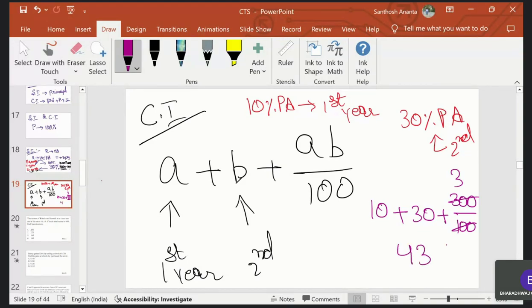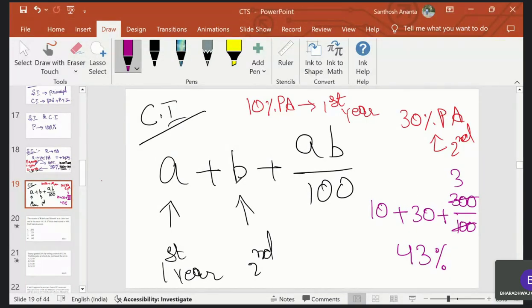The overall interest is 43 percent. Understood? That is how to find the overall rate of interest in compound interest.